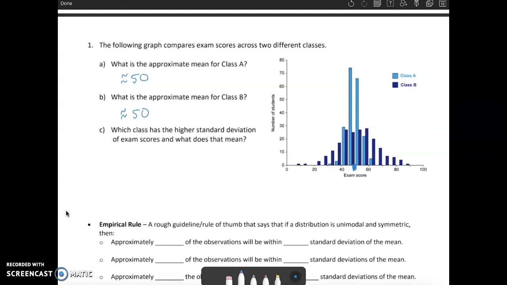Well, the higher standard deviation would be Class B. So it's going to have the larger standard deviation because what that means is that the scores are more spread out and they're farther from the mean.